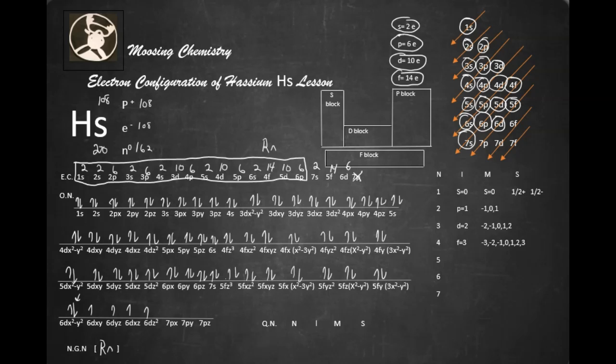So that gives me, now, even though it's written in the order that you see it, 7s2, 5f14, 6d6, it's more correct to put it in numerical order, because when you do noble gas notation, you're trying to show the energy levels filling from the lower shells to the upper shells. That's exactly why they do it. Also, the guy who invented noble gas notation wants you to do it this way.